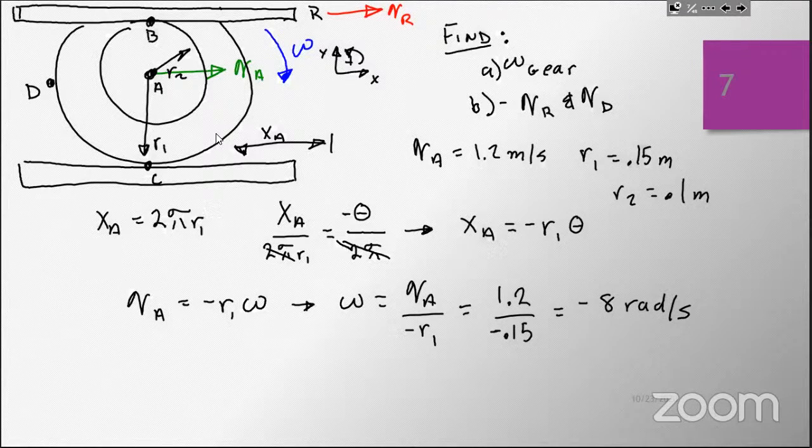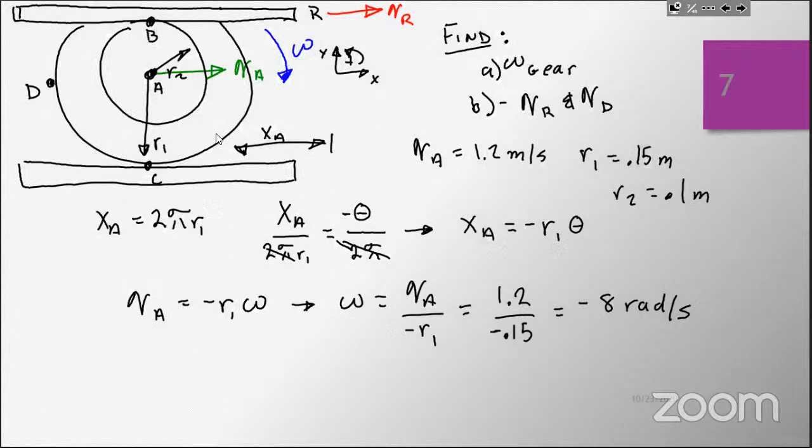When we were doing those cable problems and conveyor belt problems the other day, I asked you, what's the velocity at point B if I know the velocity of r? It's the same, right? It's the same deal as our conveyor belt problem.